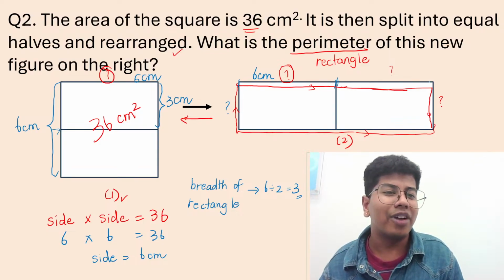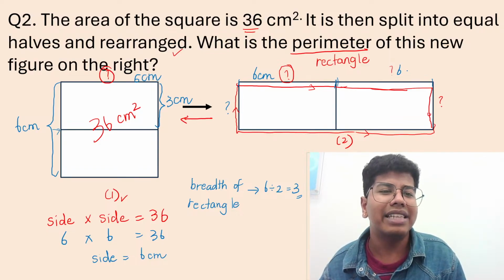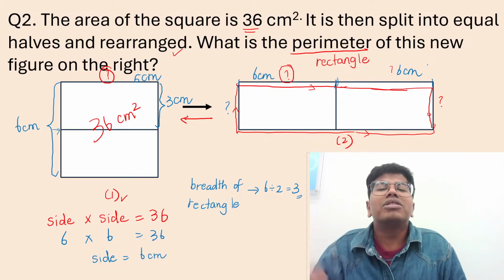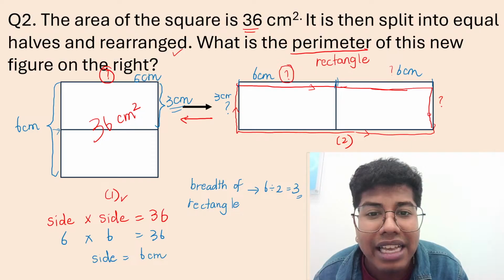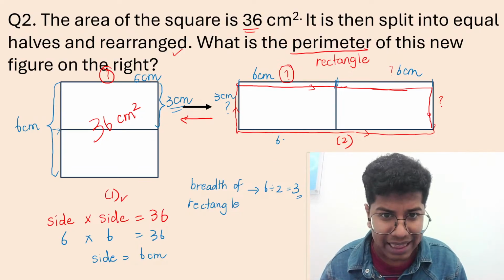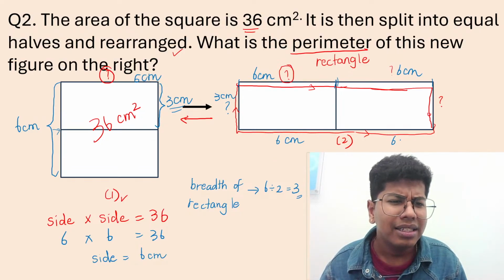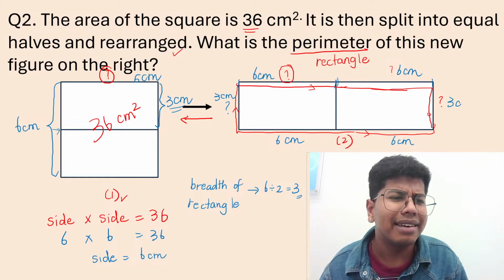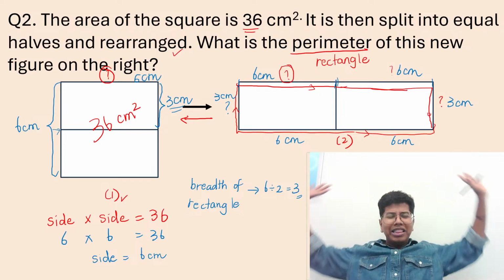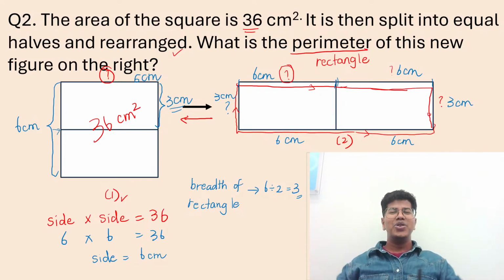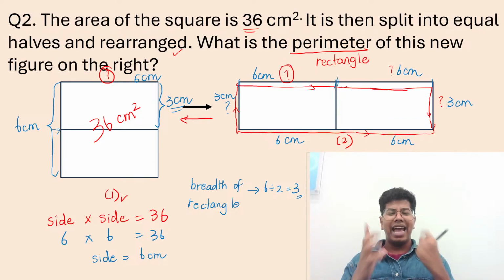Also coming back here from this part to this part, again 6 centimeter. Now comes the width that we already got, 3 centimeters. Again the length, it's the same 6 centimeter, 6 centimeter, and this as 3 centimeter.